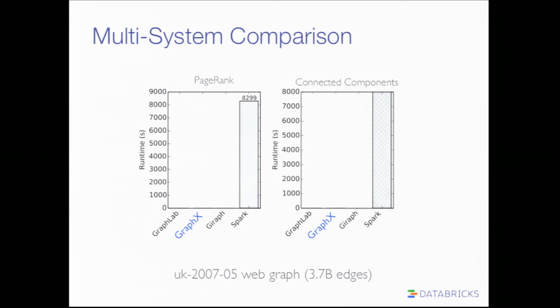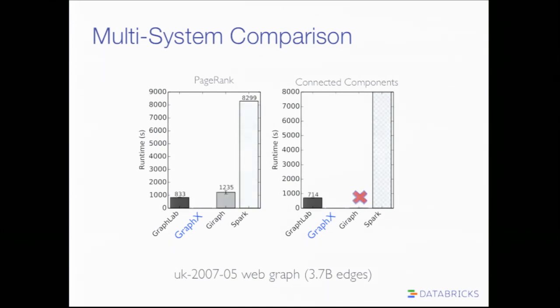We used Spark to write a naive data parallel version of PageRank, and also another algorithm, connected components, which figures out how many graph components there are. This serves as a baseline. If you want to do graph computation within a flexible system like Spark, then it's going to take 8,000 seconds for PageRank, for example, and even longer for the other algorithm, where it actually hadn't finished the first iteration by that time. So we killed it.